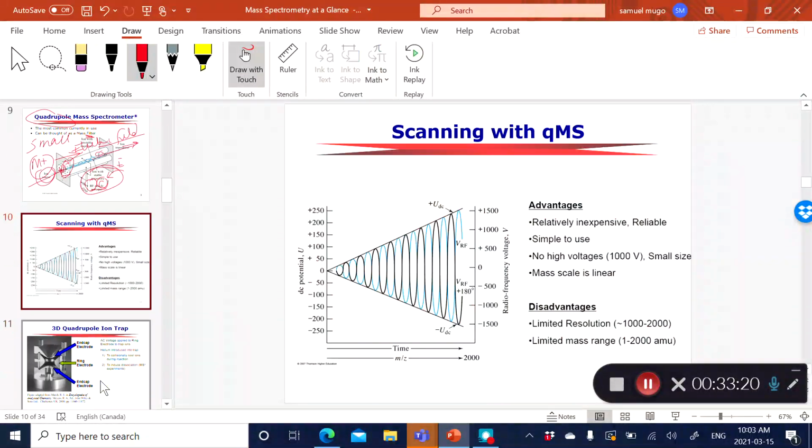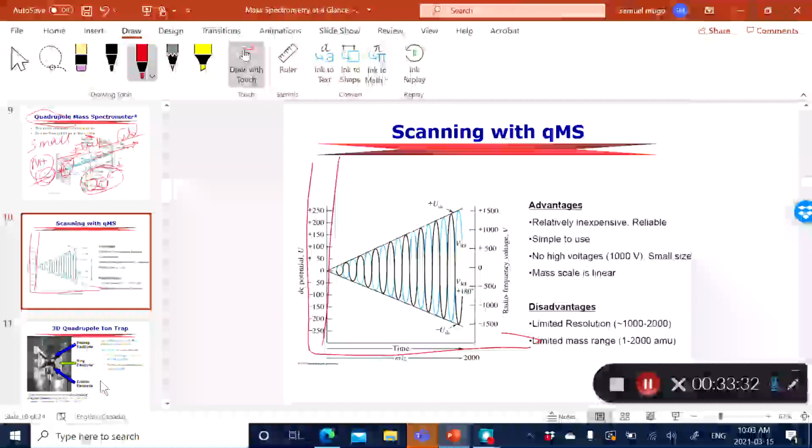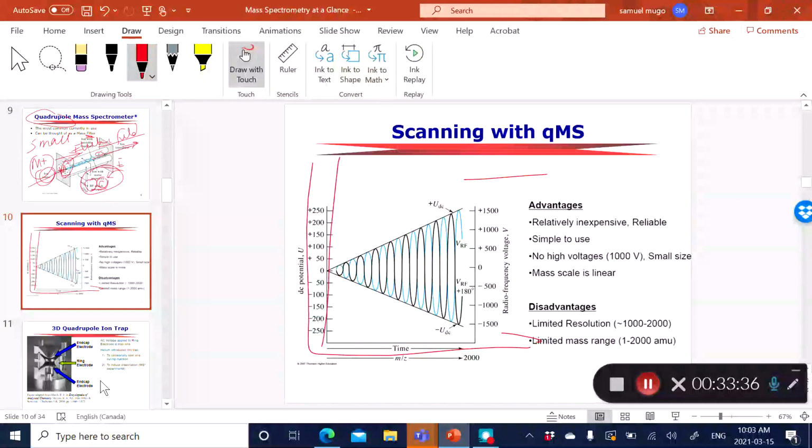And based on that, I do what I'm referring to as scanning. So you can see I'm increasing the DC potential to make some of the ions stable, and they reach the detector, and I keep increasing it or changing it, such that all the ions reach the detector at some point. All right, so I'm trying to deflect it so that they keep reaching the detector at different times.